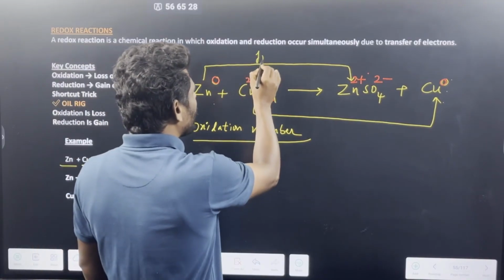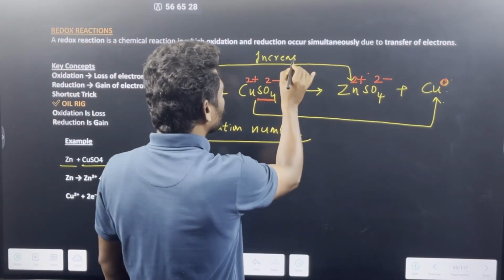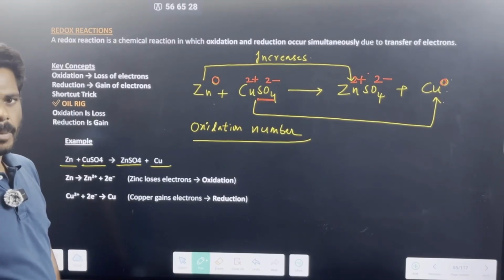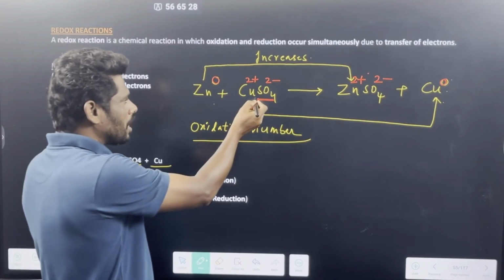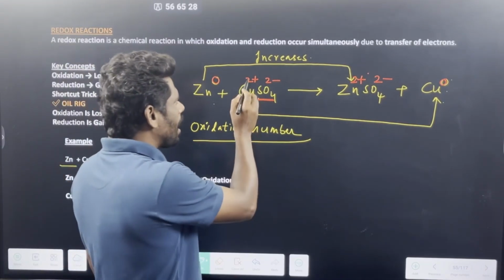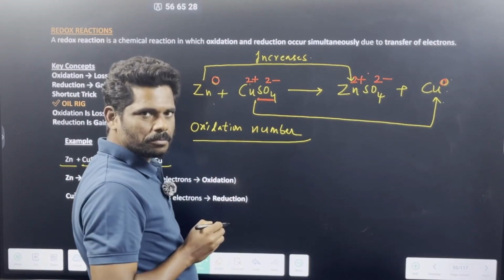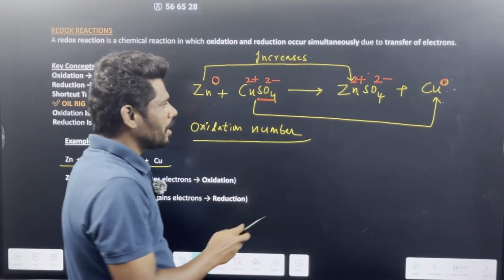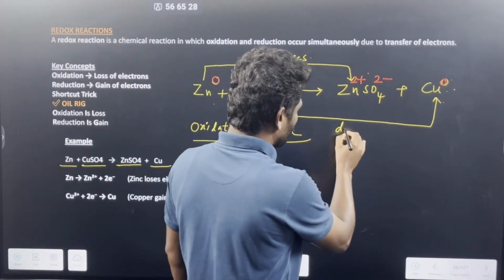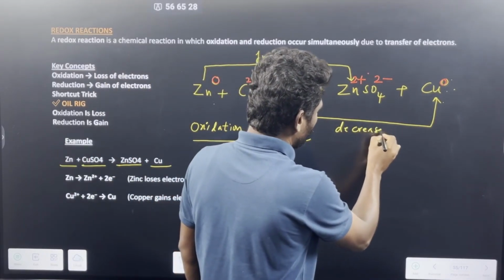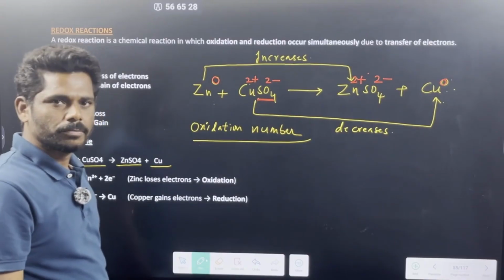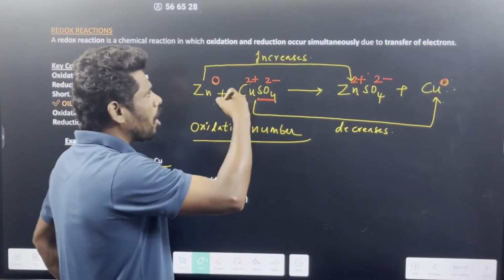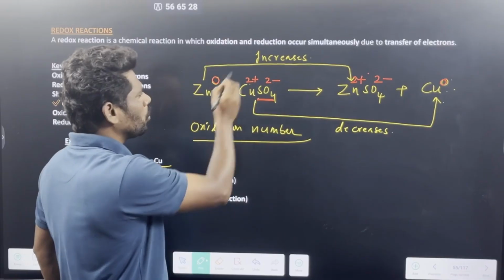Now tell me, oxidation number increased. Coming to the copper case, +2 was the oxidation number. Right side it has become 0. That means oxidation number decreases. This looks like when oxidation number increases 0 to +2.